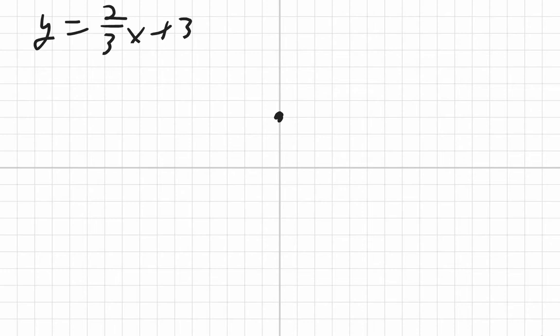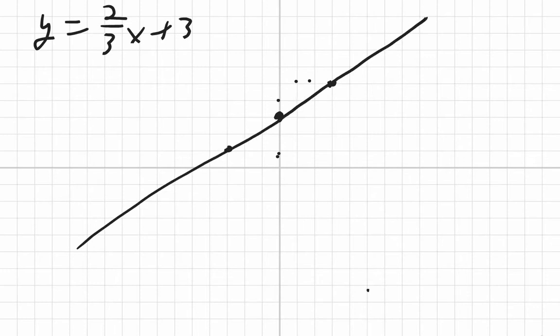So I go up 2, over 3, and put another point. Or I can also go down 2 over 3, and then I would connect those, and that would be my graph. It's a positive slope. It's rising to the right, and you know that because the slope is a positive 2/3, so it has to go up to the right.